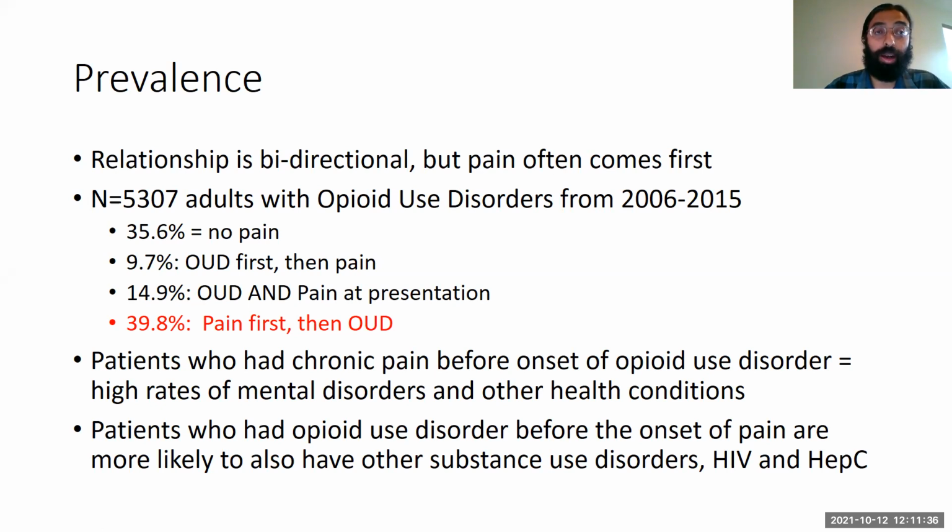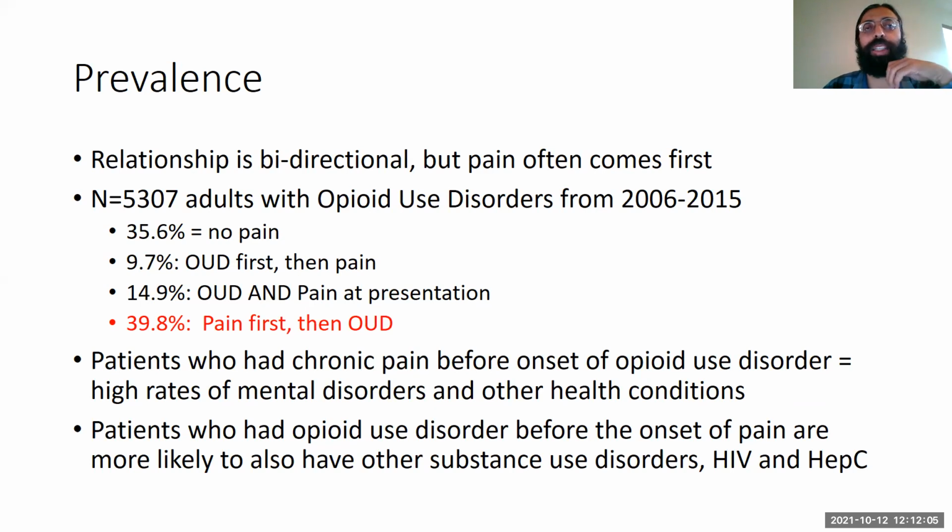But for 40%, which was the biggest group, when they obtained the history as patients came in to seek treatment for opioid use disorder, the history revealed that the chronic pain came first, and they developed opioid use disorder later. So for me, one of the take-home points is that chronic pain is very common in patients with opioid use disorder.